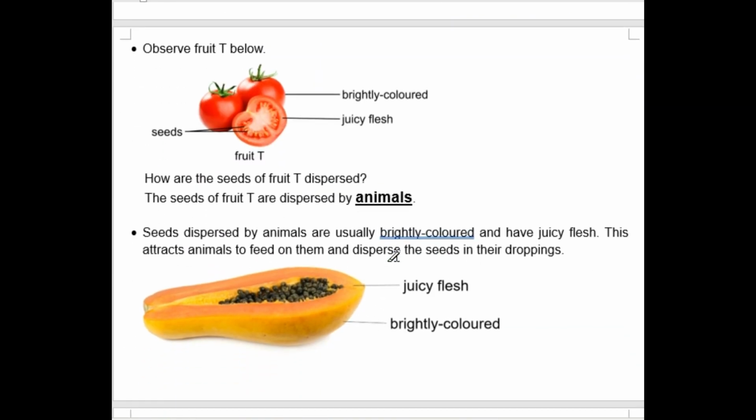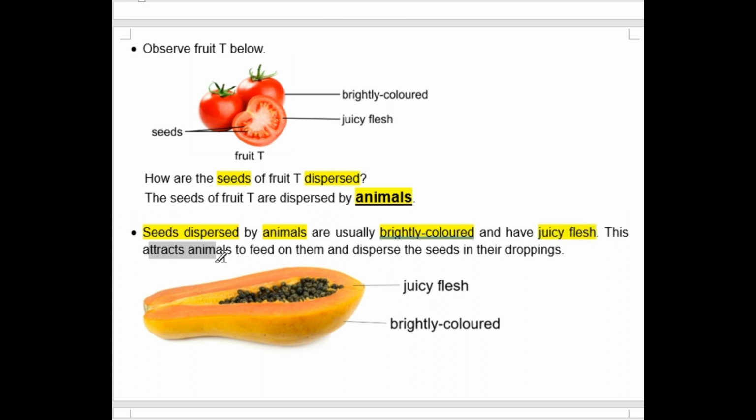Observe fruit T below. How are the seeds of fruit T dispersed? The seeds of fruit T are dispersed by animals. Seeds dispersed by animals are usually brightly colored and have juicy flesh.